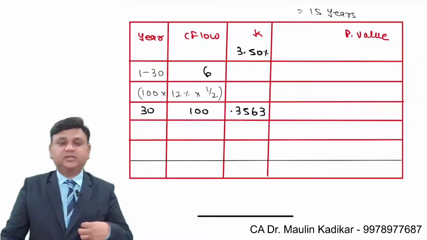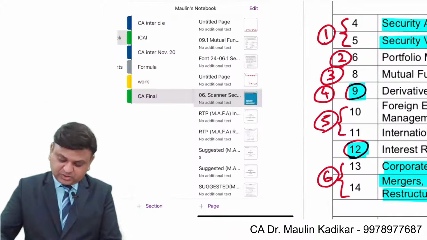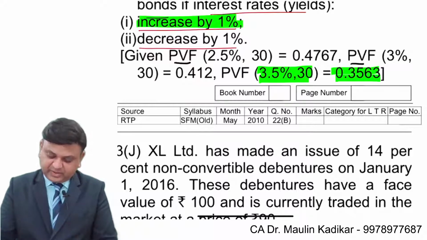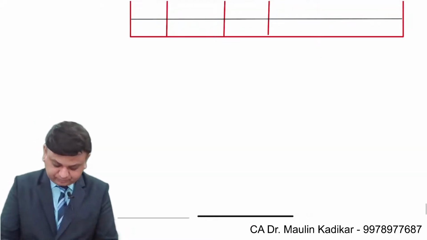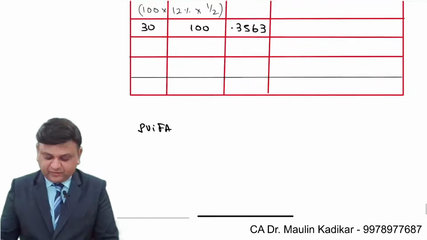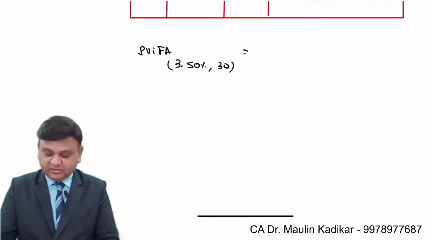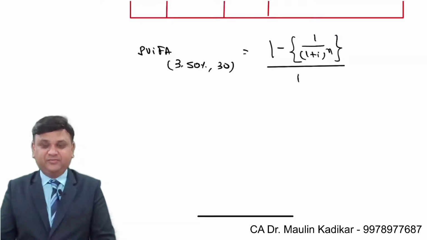Now for 1 to 30th year, the annuity factor is required to be calculated. Let us see whether annuity factor is provided to us or not. Present value factor, present value factor, present value factor. Annuity factor is not given. So it is required to be calculated by us. PVIFA at the rate of 3.5% for 30 years will be calculated as 1 minus 1 divided by 1 plus I raised to n, whole divided by I. This is the simple formula that we have.